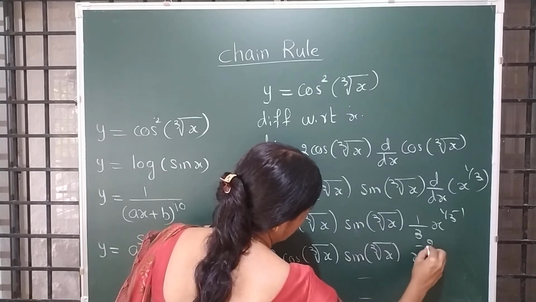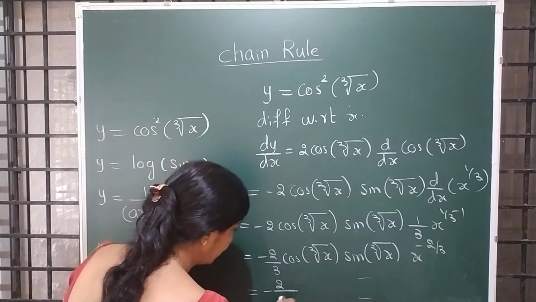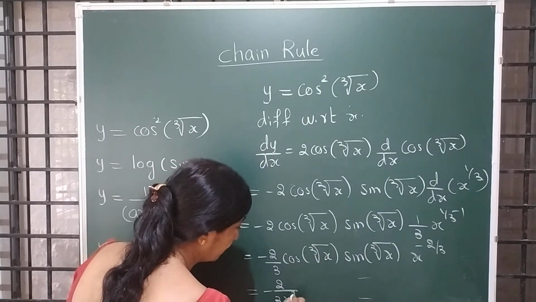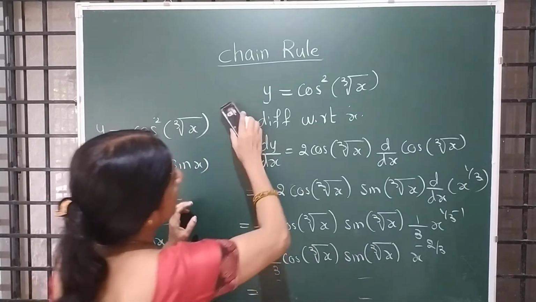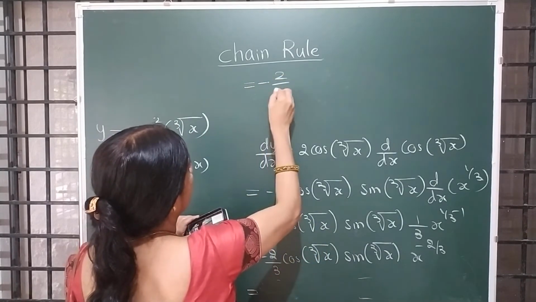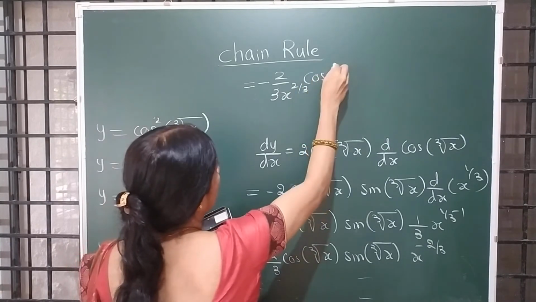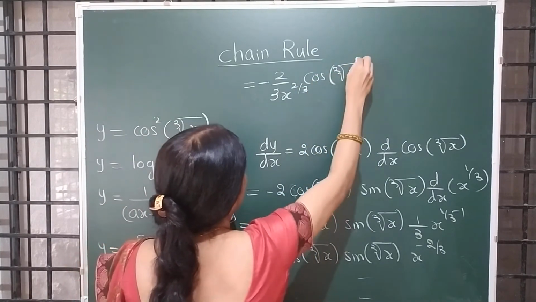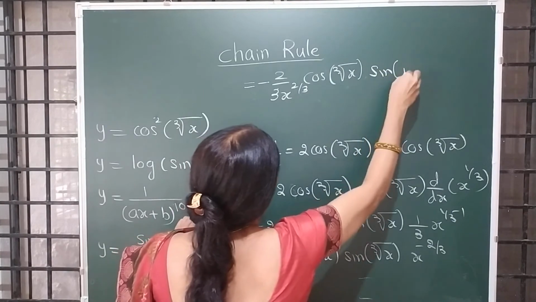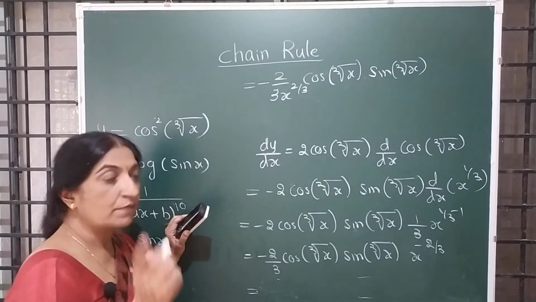It is x raised to minus 2 by 3, and it is negative, so it comes in the denominator. Write it in the denominator. Minus 2 by 3 x raised to 2 by 3, cos of cube root x into sin of cube root x. Understood? First power, then trigonometric term, then angle.